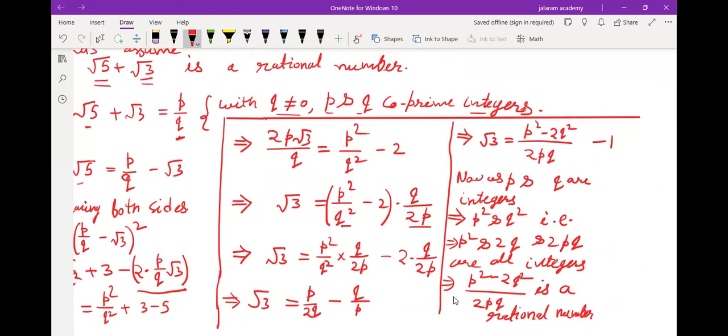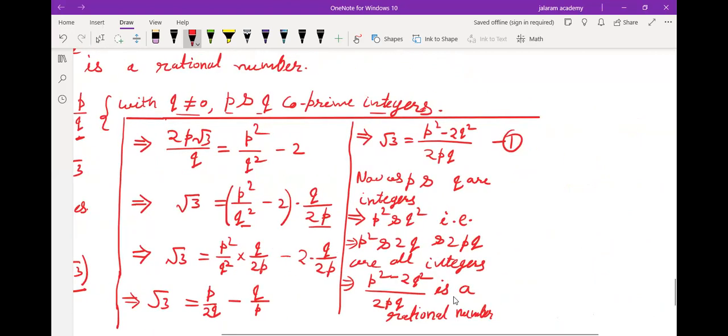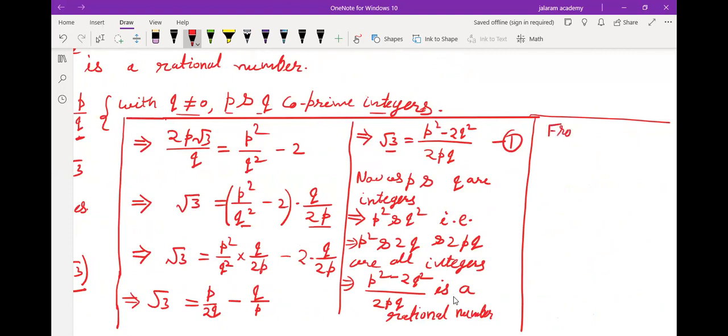But in this equation number 1, if you observe, p square minus 2q square upon 2pq is equal to root 3. So from equation 1, we can say that root 3, in this we have written that p square minus 2q square upon 2pq is a rational number.